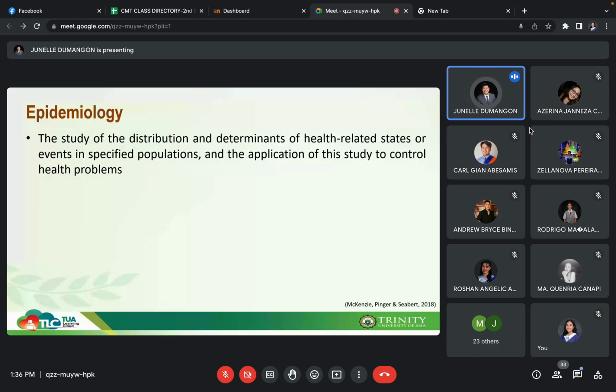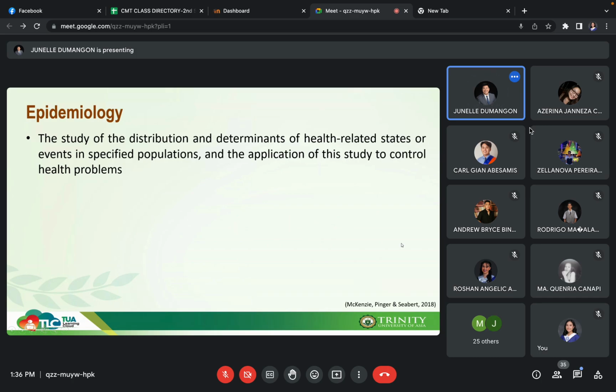That definition is still the same with this definition that I gave here. It is the study of the distribution and the determinants of health-related states or events in a certain population and the application of that mathematical study to control health problems. So basically, in epidemiology, we will study numbers and apply that to improve a population or a community's health status.